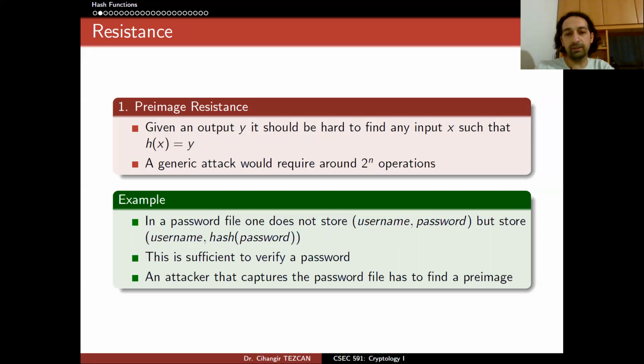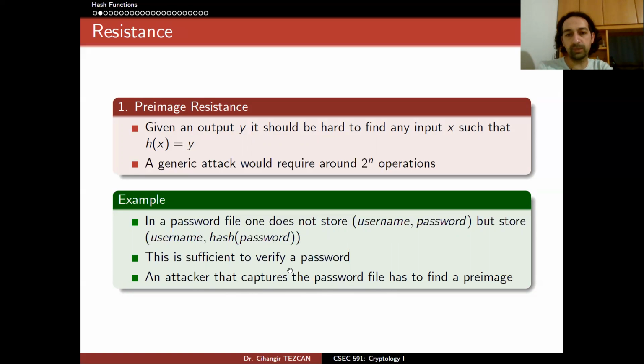But when it leaks, an attacker that captures the password file or the database has to find the preimage. For this reason, you shouldn't have easy-to-guess passwords, because they can try easy passwords and capture your password. Of course, this is just a basic example.